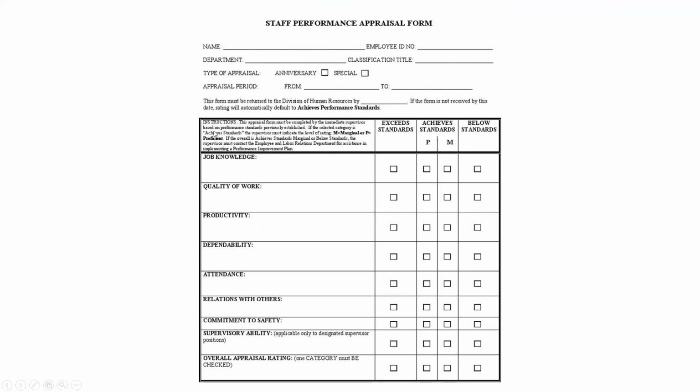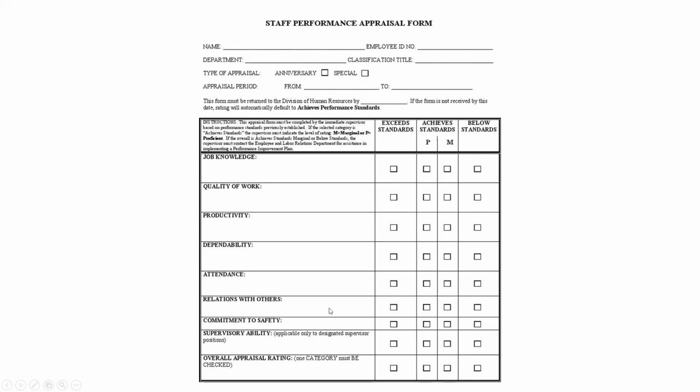If the selected category is achieved per standards, the supervisor must indicate the level of rating as marginal or proficient. If the overall is below standard, marginal or below standard, the supervisor must contact employee and labor relations department for assistance. So you can mention these parameters and give the weightage as exceeds standards, achieves standards, or below standards.